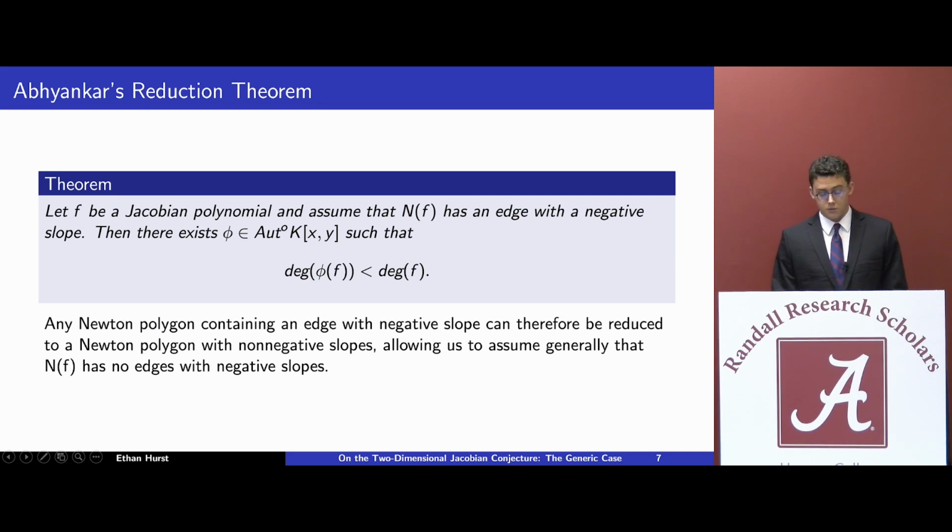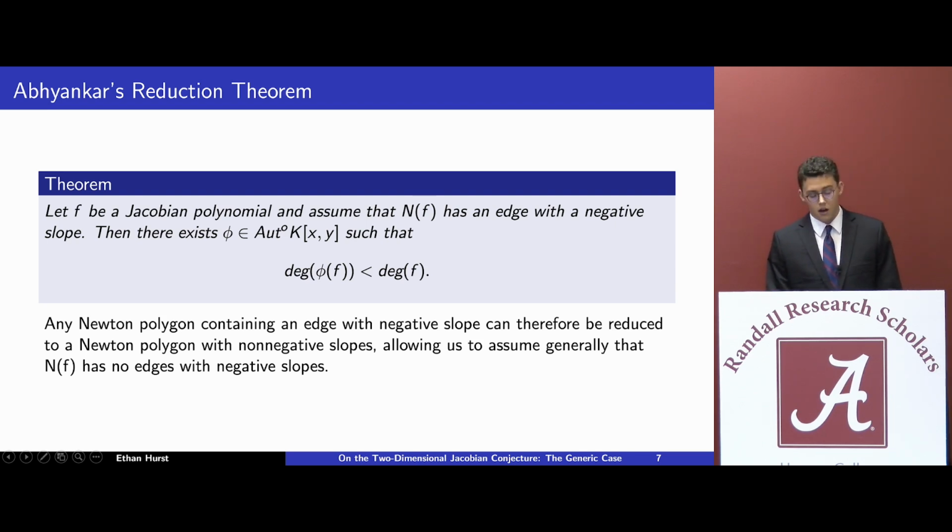Abhyankar's reduction theorem, and Abhyankar is a mathematician who popularized the Jacobian conjecture. He came up with this theorem that allows us to greatly simplify the Jacobian conjecture itself. So if we let f again be a Jacobian polynomial, we assume that the Newton polygon has no negative edges. Then there exists this function called phi, which is an automorphism of the polynomial map over K, such that we can reduce the degree of f using that function phi.